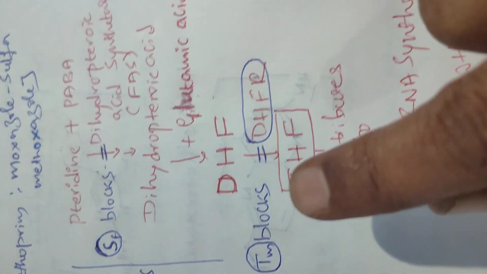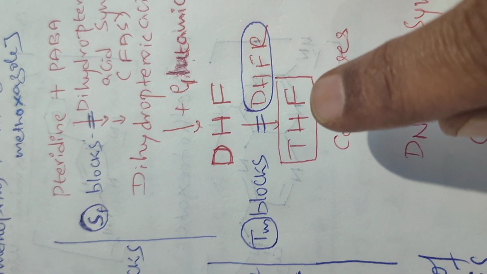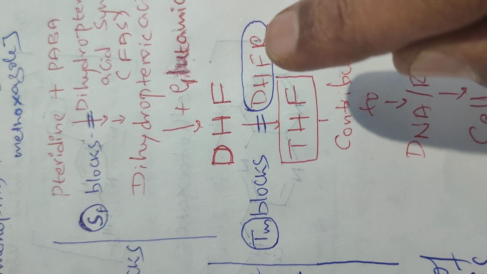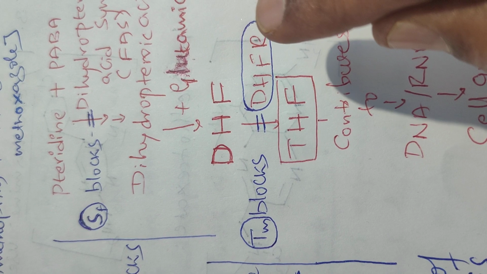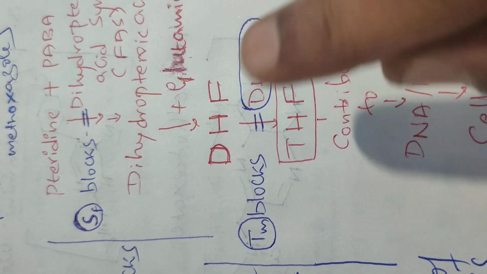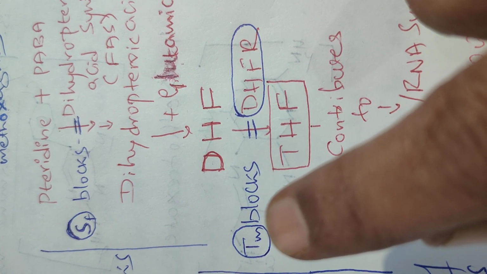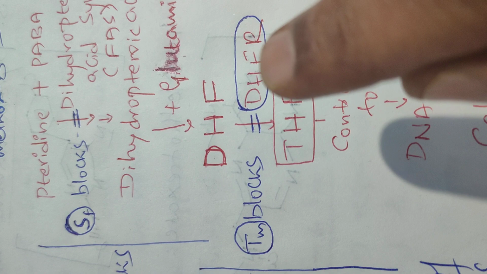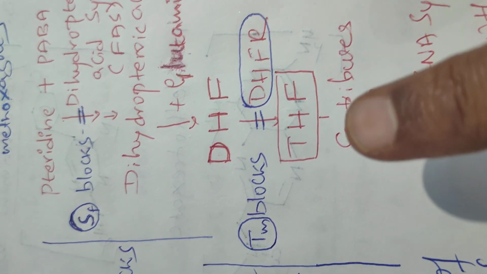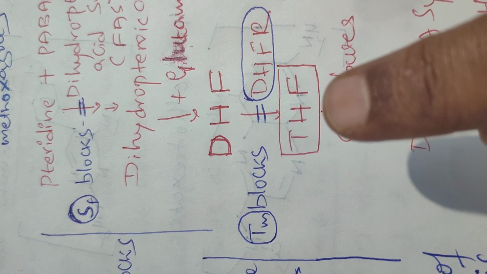This dihydrofolic acid will be converted into tetrahydrofolic acid in the presence of which enzyme? DHFR, dihydrofolic acid reductase enzyme. R stands for reductase. Because of structural similarity with the pteridine moiety, trimethoprim will block the addition of two hydrogen atoms by the DHFR enzyme. Thus THF, tetrahydrofolic acid, is not produced.